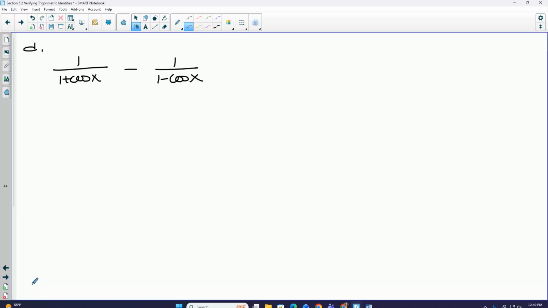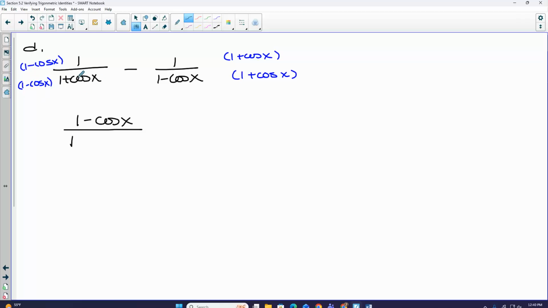Ultimately, I'm asking you to subtract fractions. What do we need? Common denominator. What would I have to multiply this first fraction by? And this one needs, over, if you FOIL on the bottom, we get 1 plus cosine and minus cosine drop.